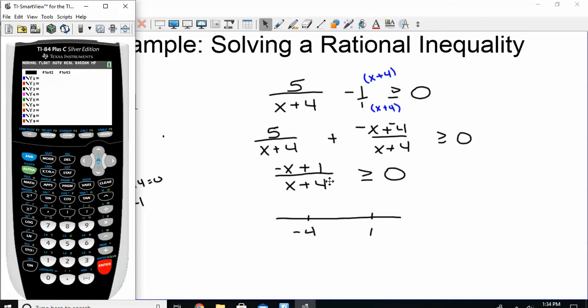I want to graph the negative x plus 1 over x plus 4. So you have to use parentheses. Everybody remembers how to go to your y equals and plug that in?